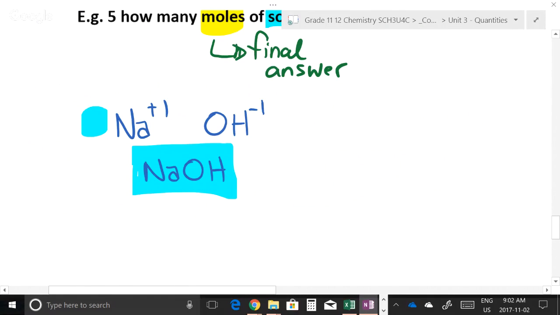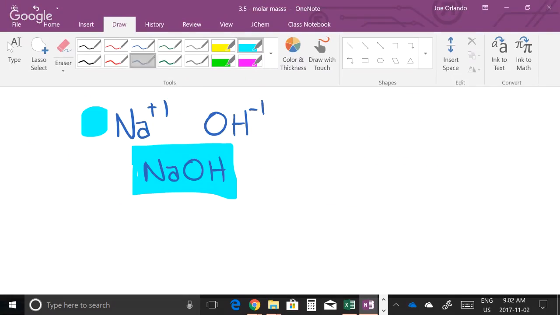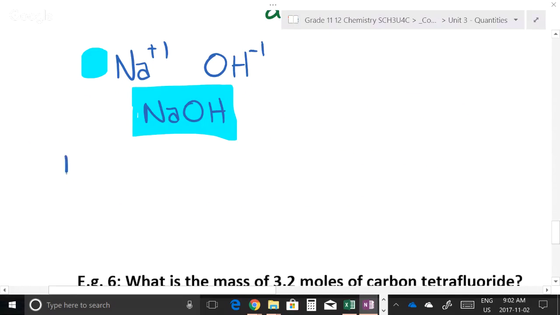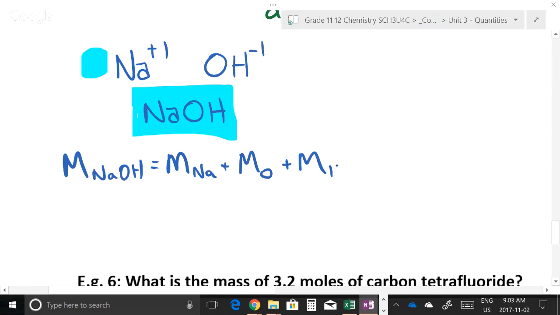Well, what's hydroxide? It's made of oxygen and hydrogen. So the molar mass of this thing is just going to be the molar mass of sodium plus the molar mass of oxygen plus the molar mass of hydrogen.